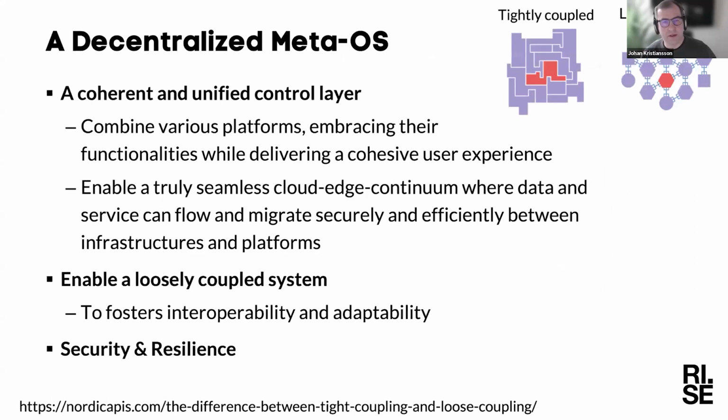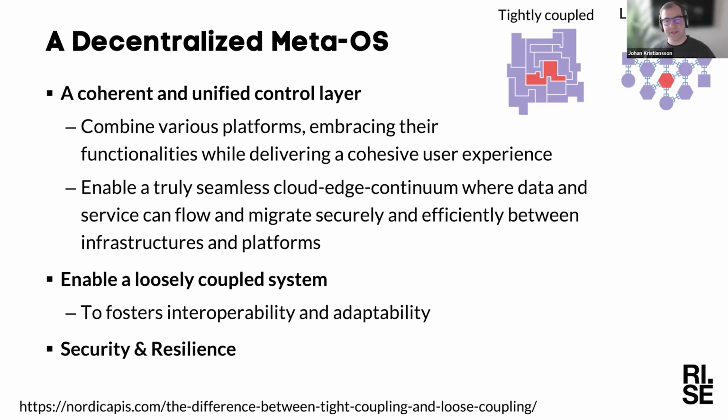So really what I'm working on now is trying to create a decentralized meta operating system. The key thing here is to provide a coherent, unified control layer to control everything, and to embrace different platforms.